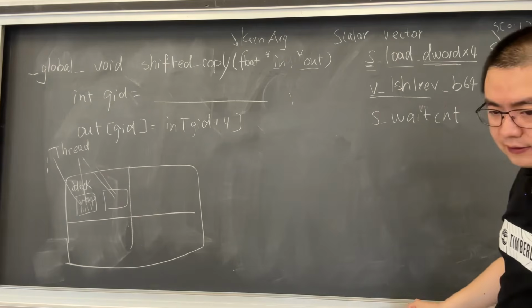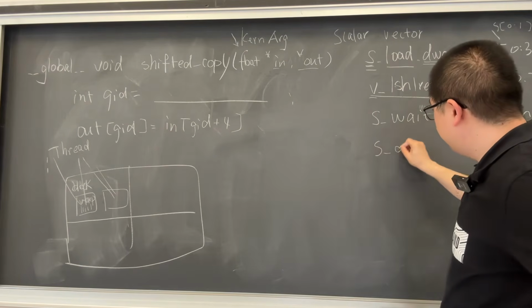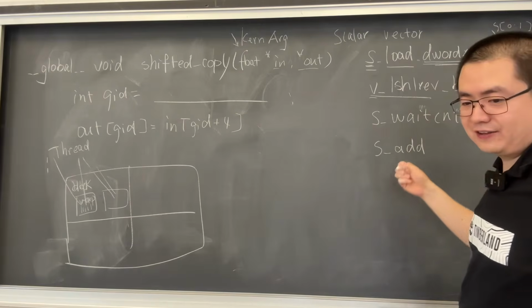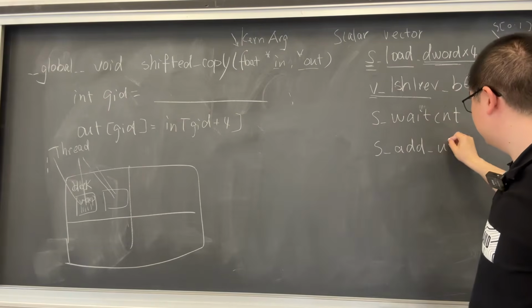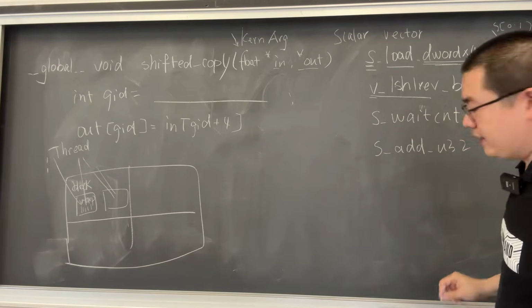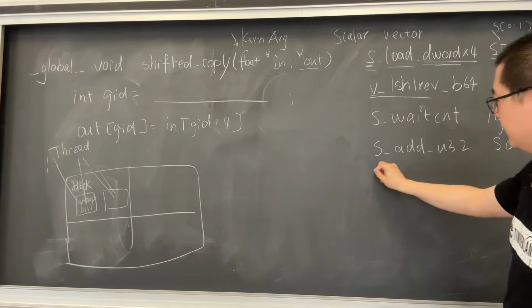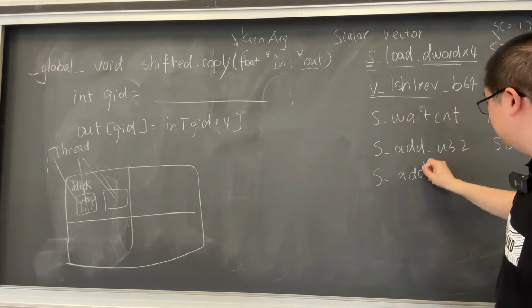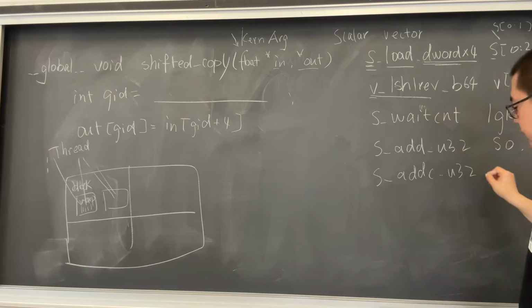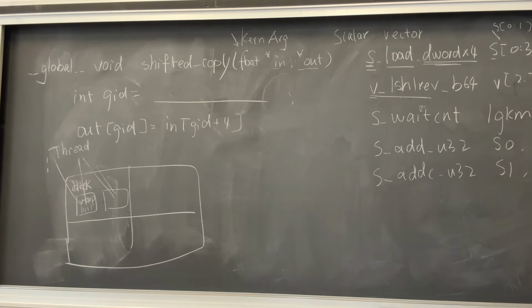And let me write down the next one. S_ADD_U32 S0, S0, 16, and S_ADDC_U32 S1, S1, 0. Oh, this is finally something that we're familiar with, right? Okay, so you can see there's a dependency.